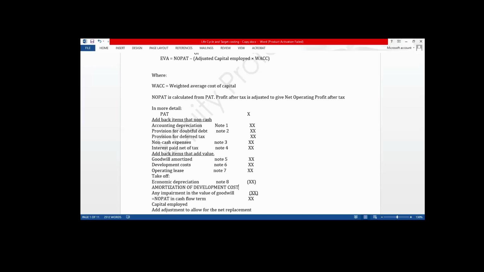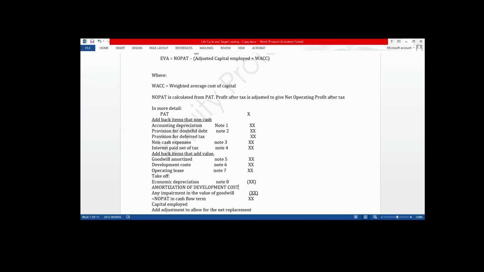If a company incurred costs on research and development, you are trying to develop a new product. Our company is trying to develop a new product. We are now going to research. We now incur costs. And after we have developed the product, it is now ready for marketing.